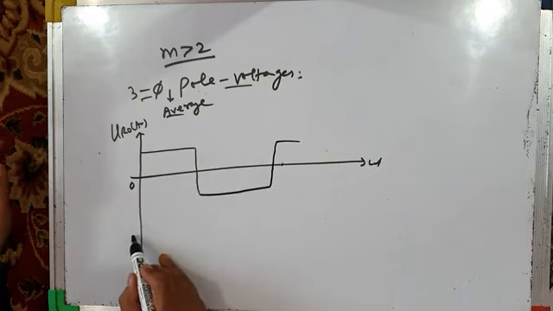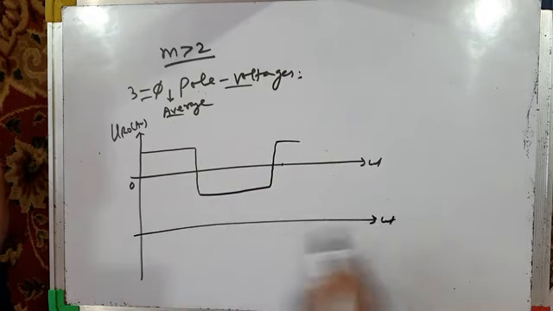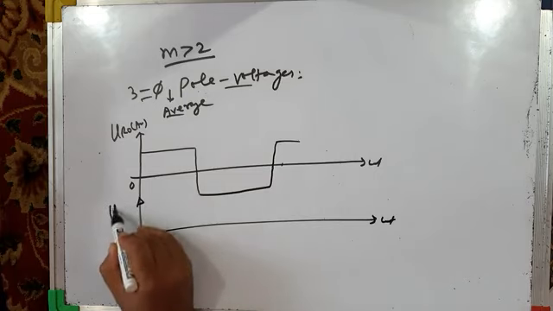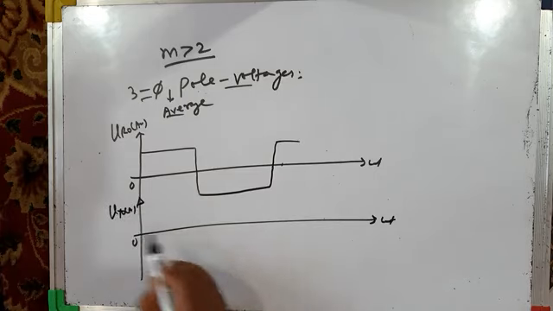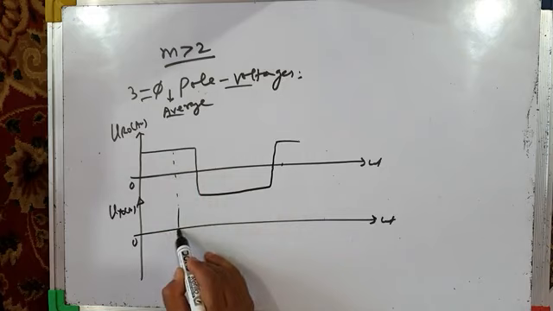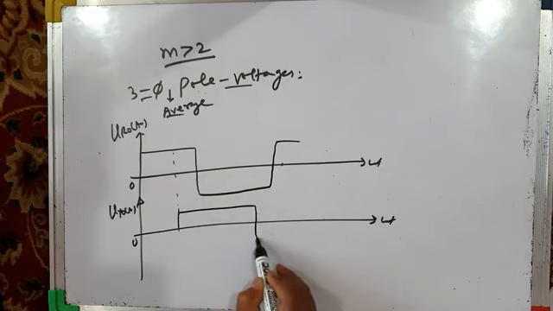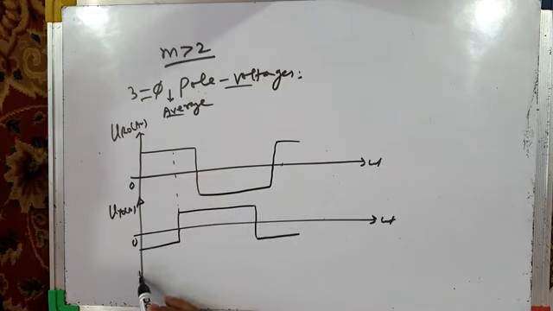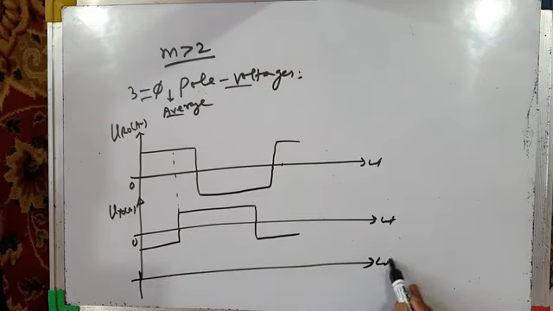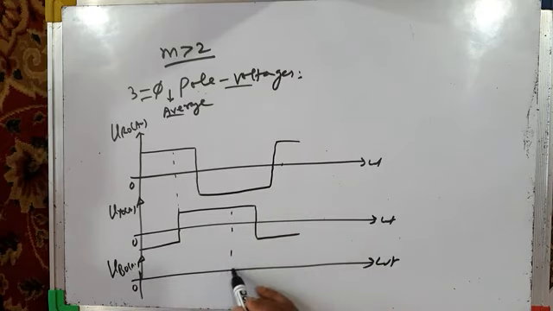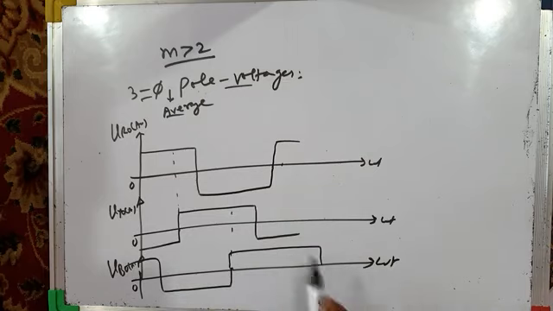Okay. What about VYO average? VYO average, that starts after 120 degrees, say somewhere here. It's like this. And what about VBO average? Average pole voltage VBO average. That will start after another 120 degrees like this. Okay. So these are three-phase average pole voltages.